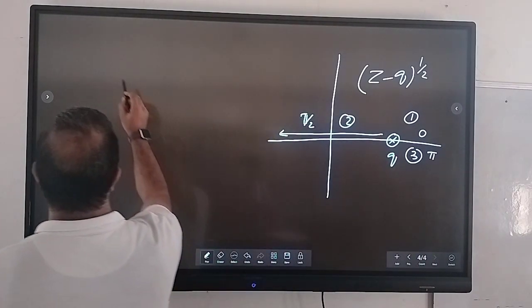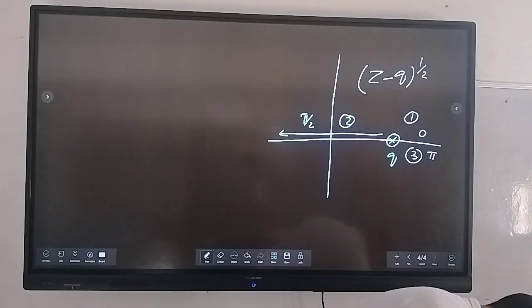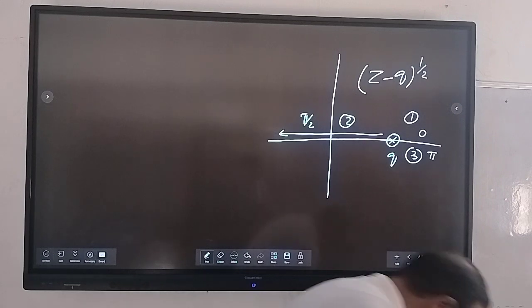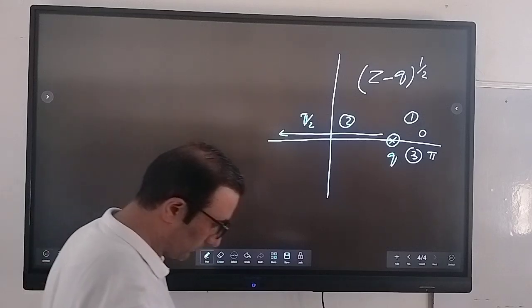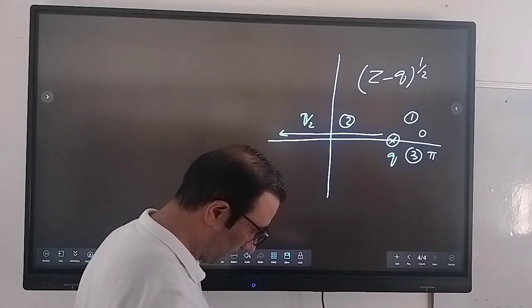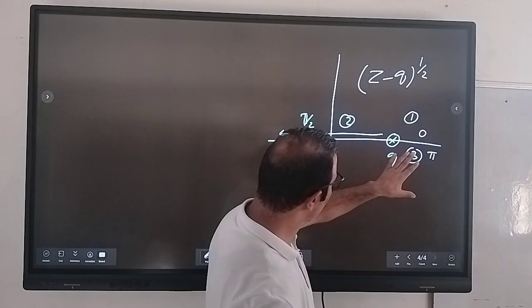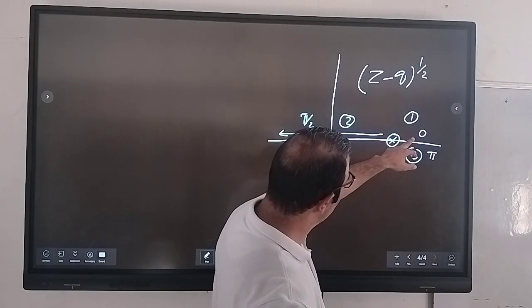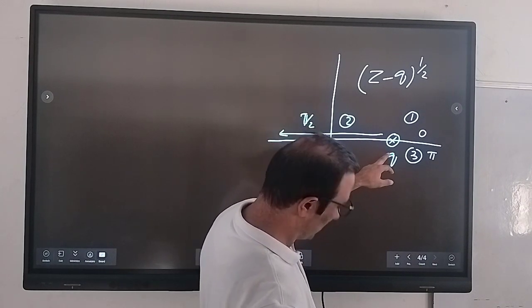So that means for this function, if we write now. But there's a problem, sorry. There's a problem because for this it will be 0. Now for this it will be pi up to this point, right?